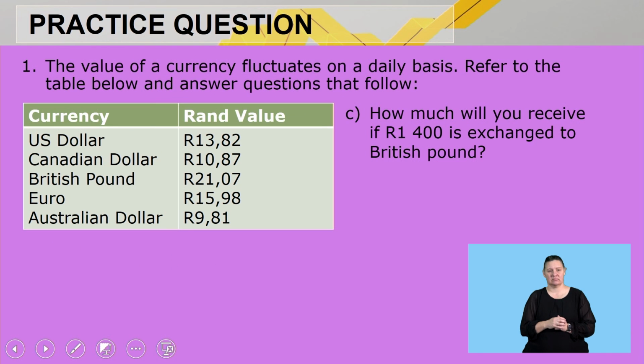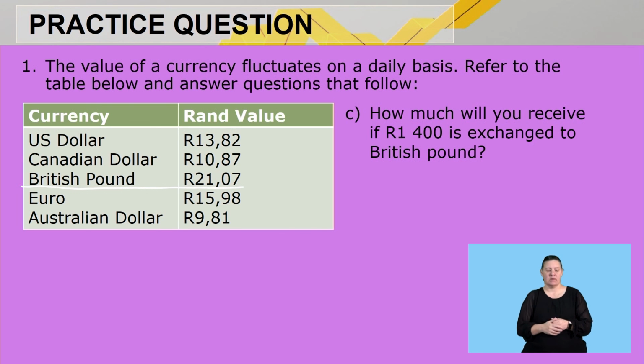Then, number C. How much will you receive if 1,400 is exchanged to British pound? You go to the table and check the exchange rate of a British pound compared to South African rand. We have 21 rand 7 cents.